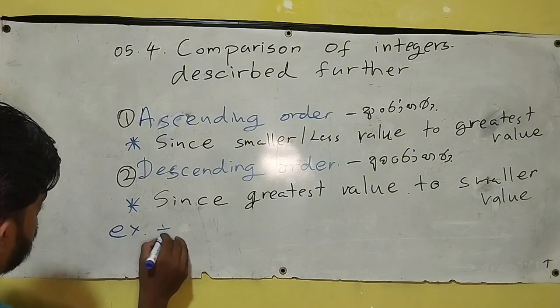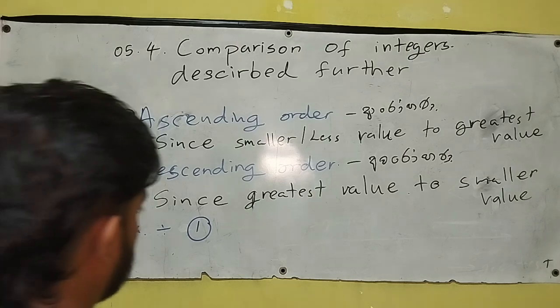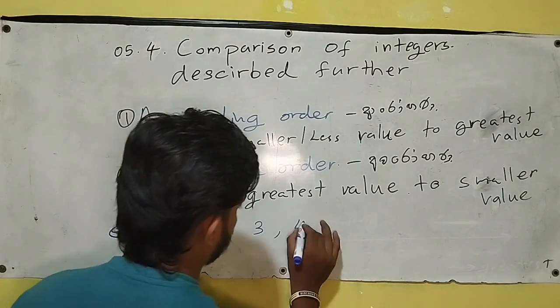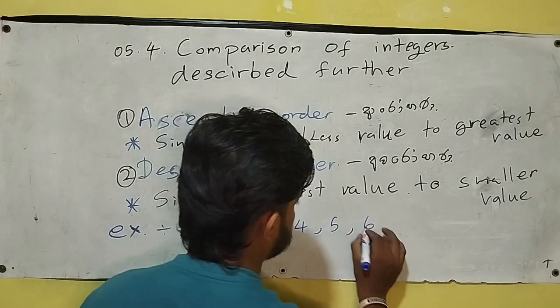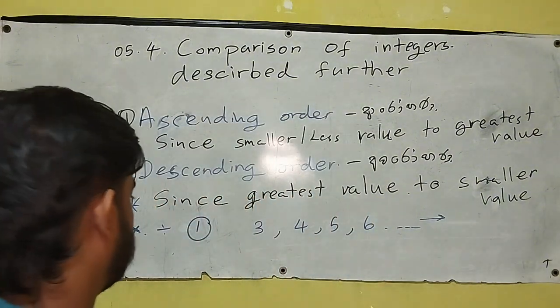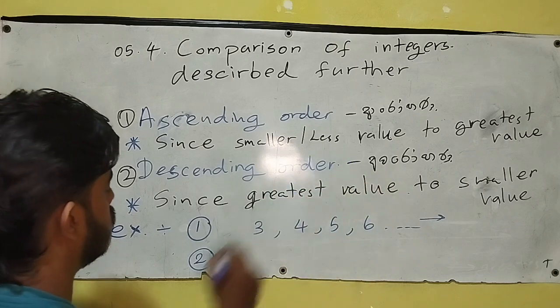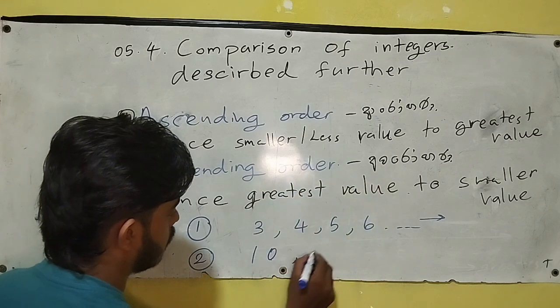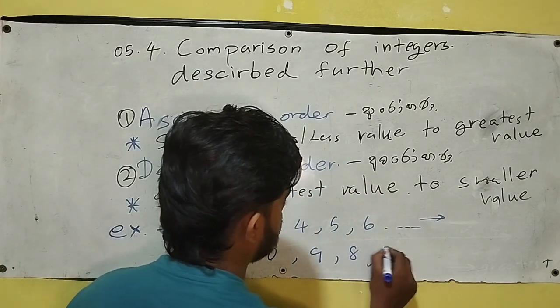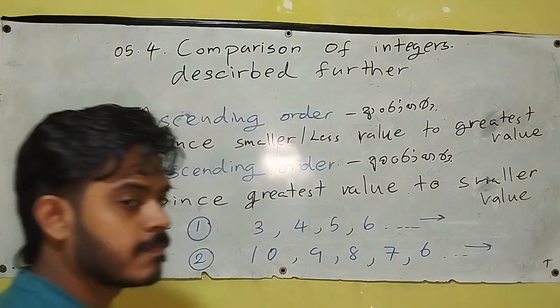Example for the first term: 3, 4, 5, 6 towards this side. Second one, descending order: 10, 9, 8, 7, 6 for this side.